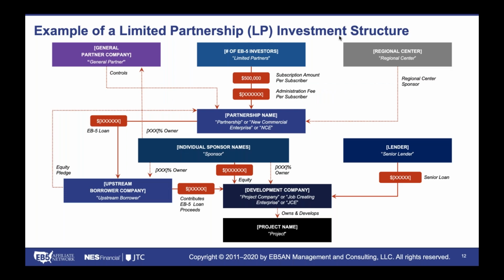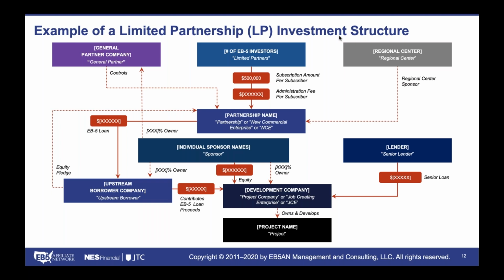So to lay the groundwork of what we're going to discuss today and how to frame out the general partner role, I think it's helpful to look at a typical structure chart for EB5. So if you're looking at the slide, the top row, you have the EB5 investors in the middle.